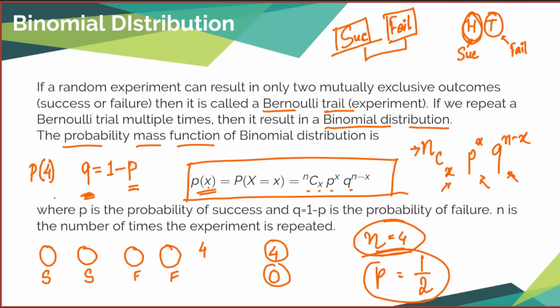On the other hand, the formula that is used to find the probability of a continuous random variable will be called the probability density function, right? Probability mass function is associated with discrete distributions, whereas probability density function is associated with continuous distributions. So this is the probability mass function of the binomial distribution.